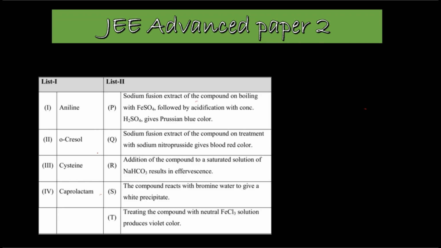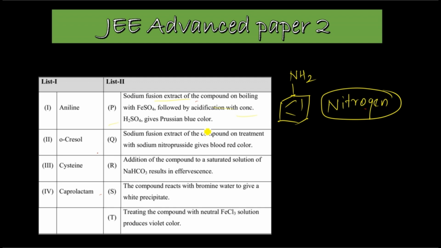The first is aniline, which has a nitrogen group in it, which is a base. So sodium fusion extract of the compound on boiling with FeSO4 followed by acidification with concentrated H2SO4 gives Prussian blue color. Which is good because the nitrogen group is confirmed by this test, sodium fusion extract, right?